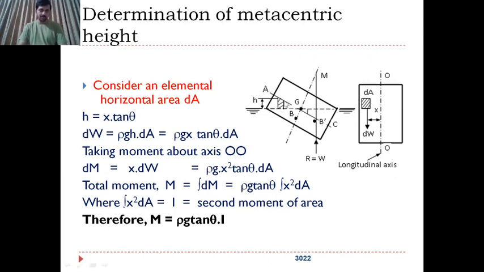Similar to what we have done in the vertical plane surface and inclined plane surface, where we have taken a small elemental strip, here also we are doing the same thing. In the inclined position, we take a small strip of height h above the liquid surface, and that strip is analyzed and integrated over the entire volume of the submerged body.